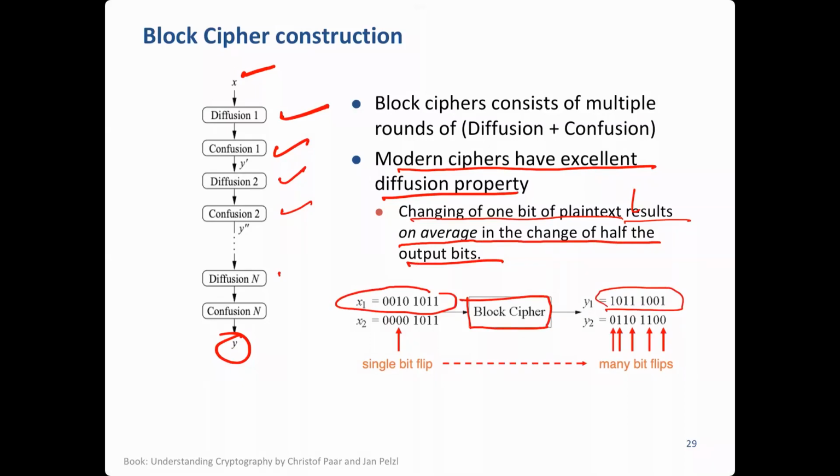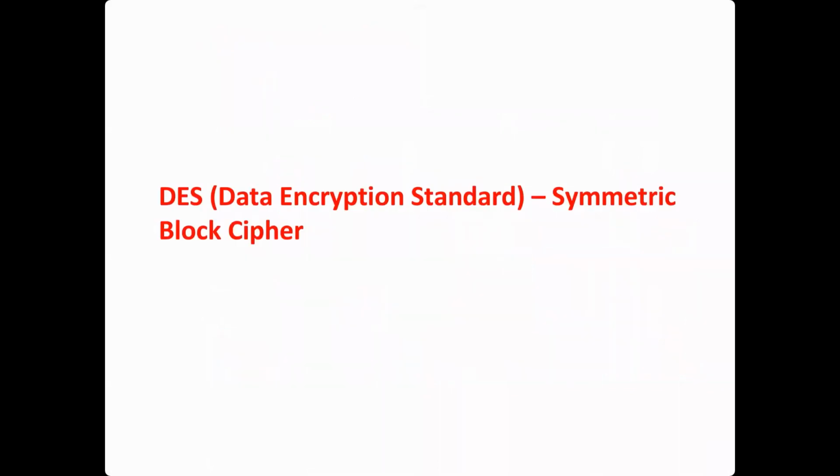Note that this is just an example. Now you take the second string, x2, where only one bit is changed. This single bit is changed, right? Instead of 1 here we have 0, and send it through the block cipher, and you see the output is 10111100. So there are many bits that have changed here. When you compare this with y1, you'll see many bit changes, right? So this is called the diffusion function.